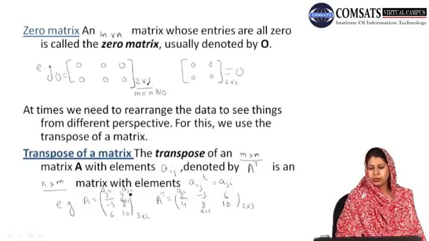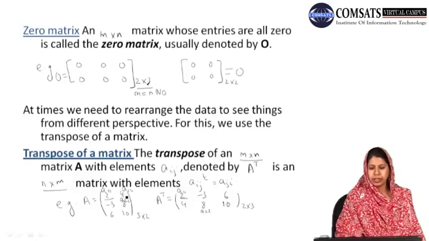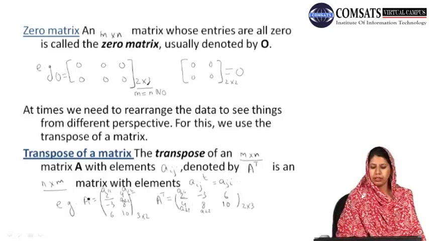Now this entry will be written in the transpose in the second row and first column, that is A21. Now the entry A21 will be written as entry A12, that is first row and second column.